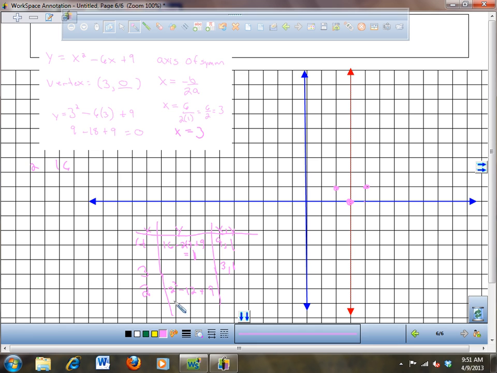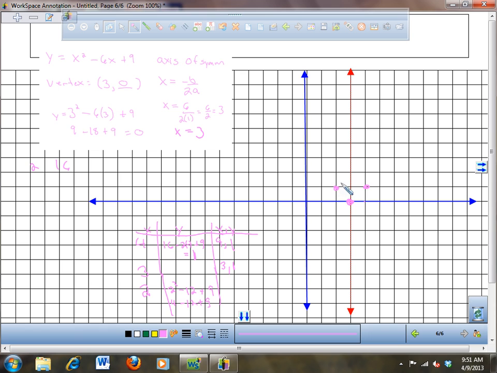So 2 squared is 4, minus 12 is negative 8, plus 9 is 1.